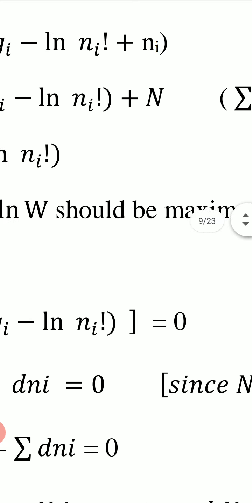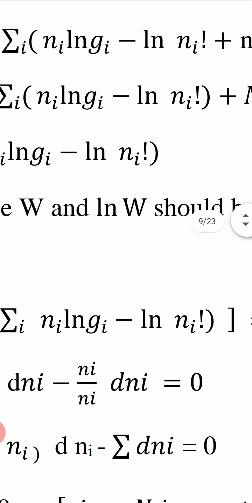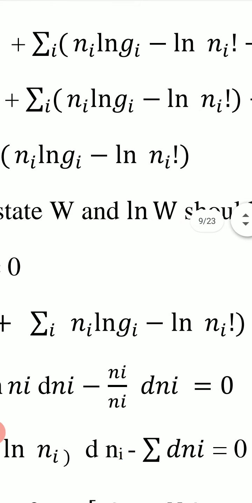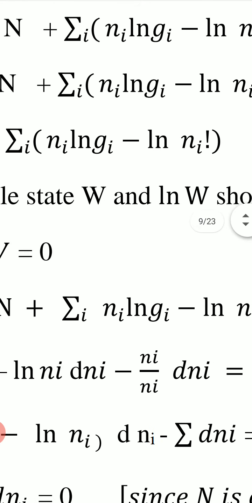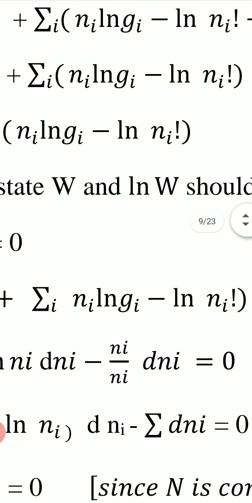And the previous term is not minus log factorial ni, it is minus ni log ni. So in the summation I we have two terms, ni log gi and then minus ni log ni.